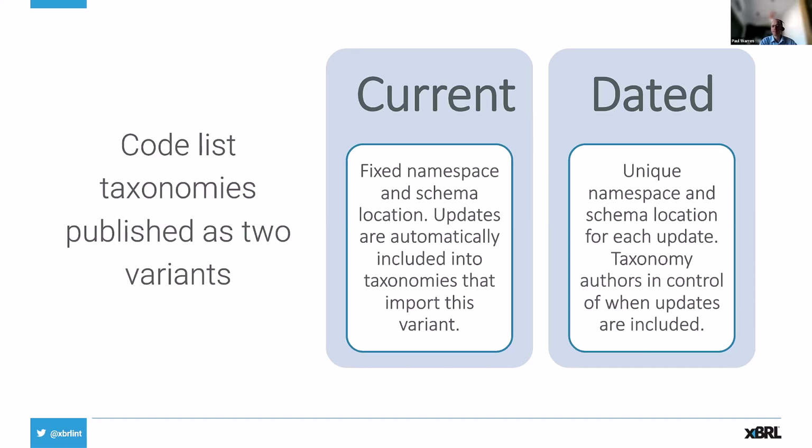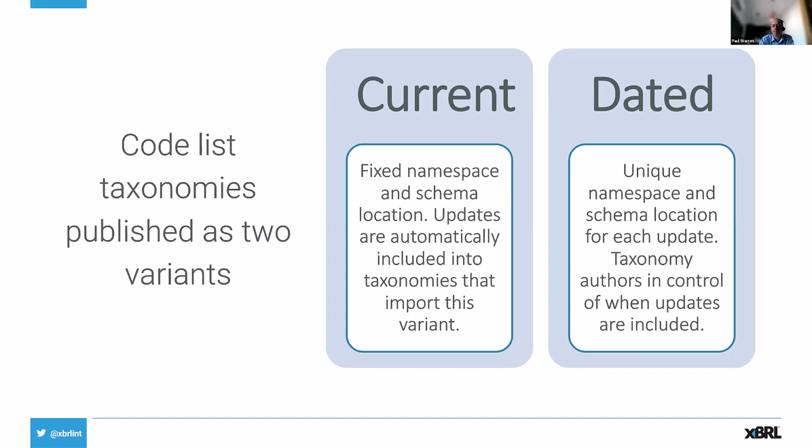We will update that. It has a fixed namespace and a fixed schema location, and we will make updates to it in place whenever there are changes to the code list. So if you import that into your taxonomy, you are guaranteed to always get the latest version of the taxonomy. This has advantages and disadvantages.